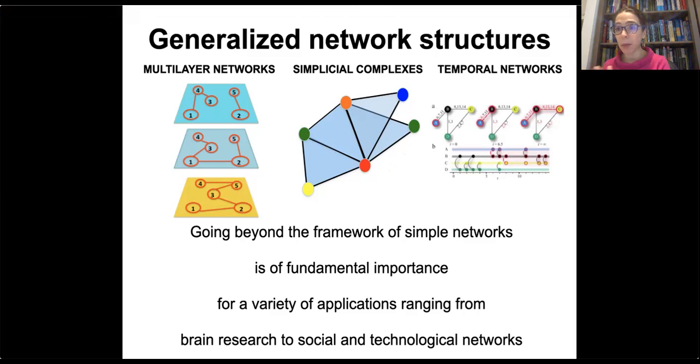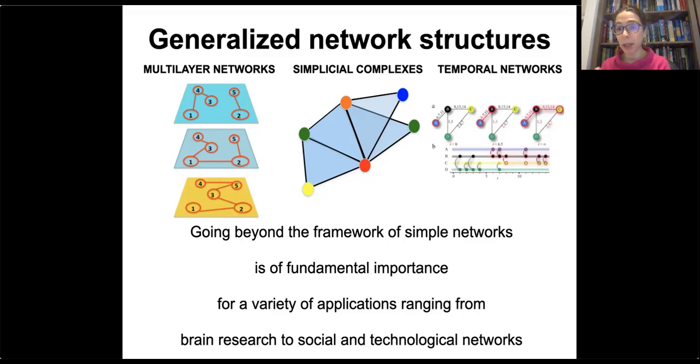This is very important, for instance, if you want to study face-to-face contact between people. It is important to know the duration of the contact, the typical distribution of time between the establishment of one contact and the other.